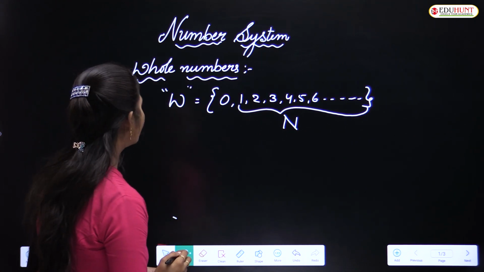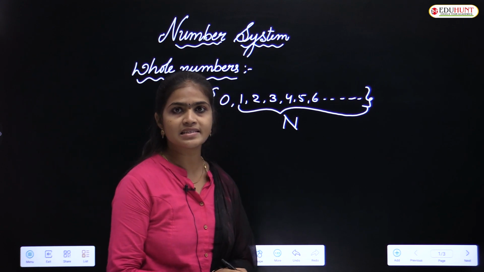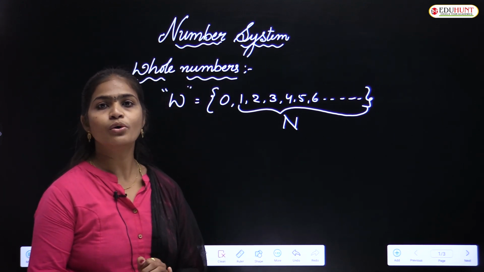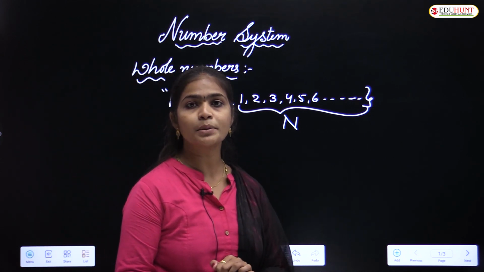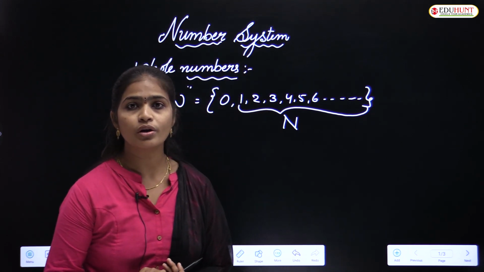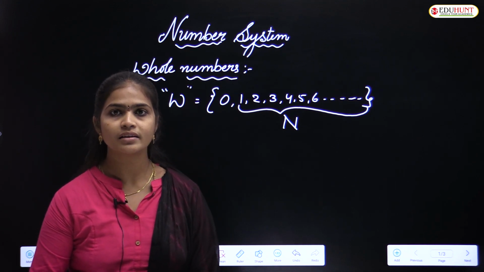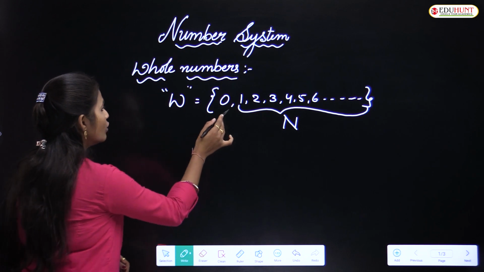We already discussed predecessor and successor in natural numbers. So my question is, which whole number does not have a predecessor? Yes, that is 0 only.